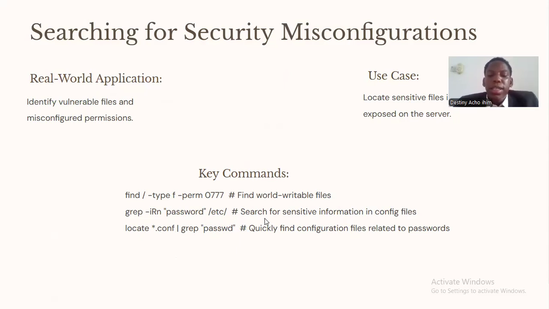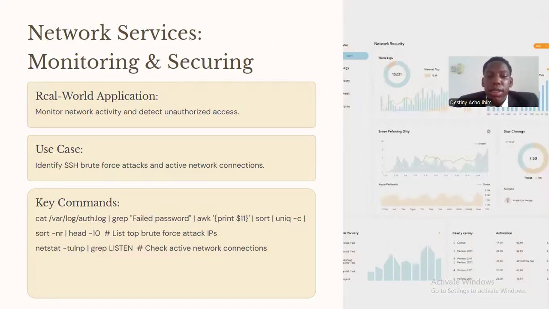Now, the next thing we talked about is network services and basically monitoring and securing, right? So we explore the importance of monitoring network services, which is a crucial step to prevent unauthorized access. We used apt-get install to install various services like Apache2, vsftpd, and SSH.